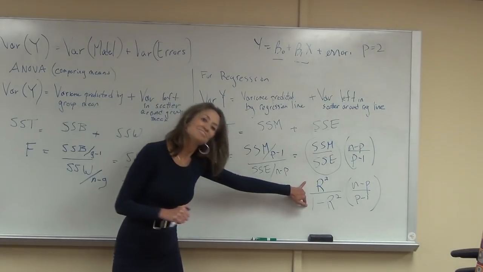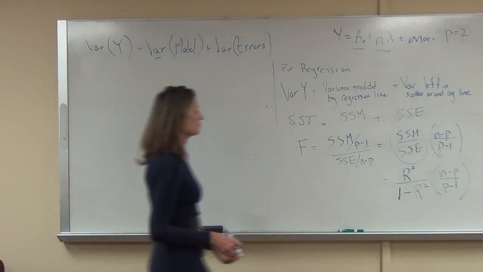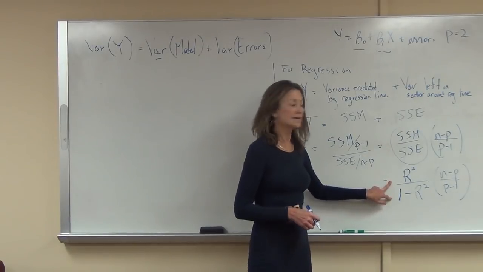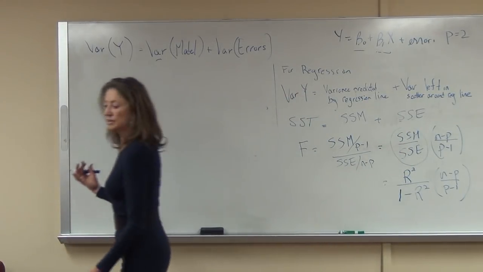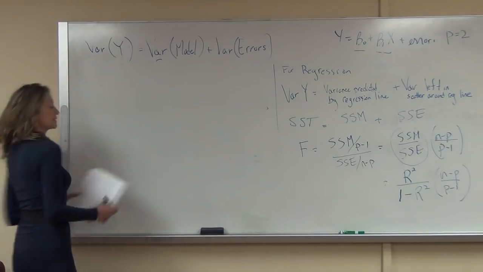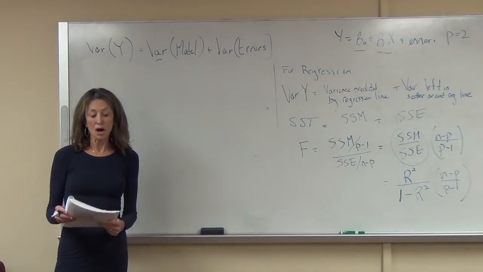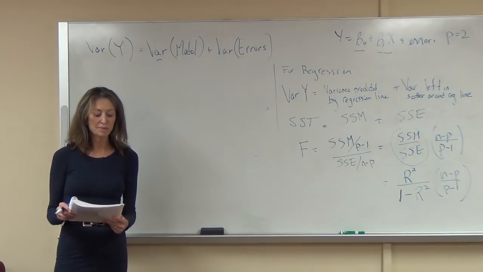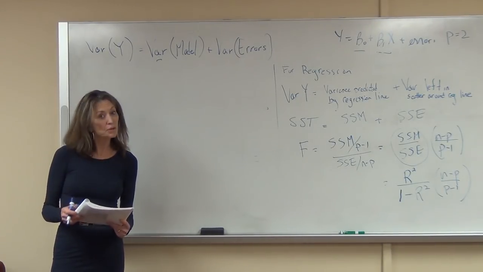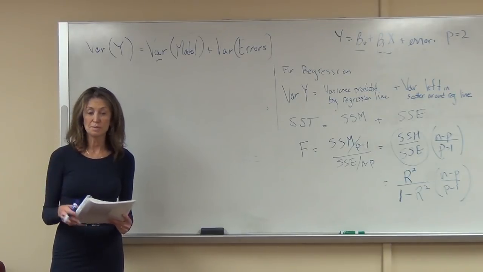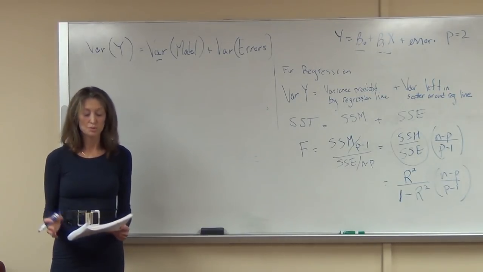let me explain that. You may wonder why this is the same thing as this. How does R squared relate to this? Well, back on page 126 in our notes, we talked about R squared as being the coefficient of determination, the proportion of the variability in the y's that's due to the model.